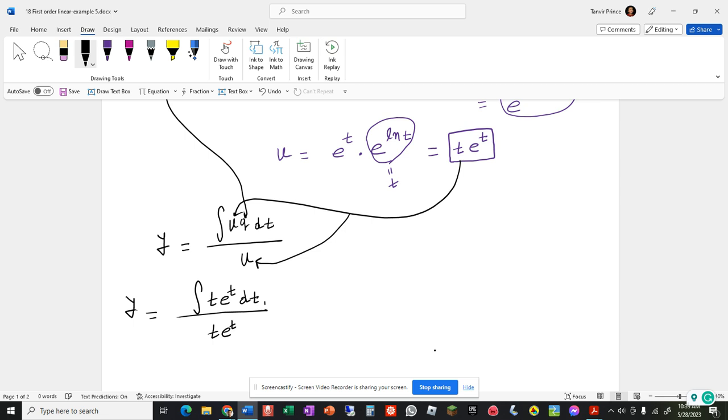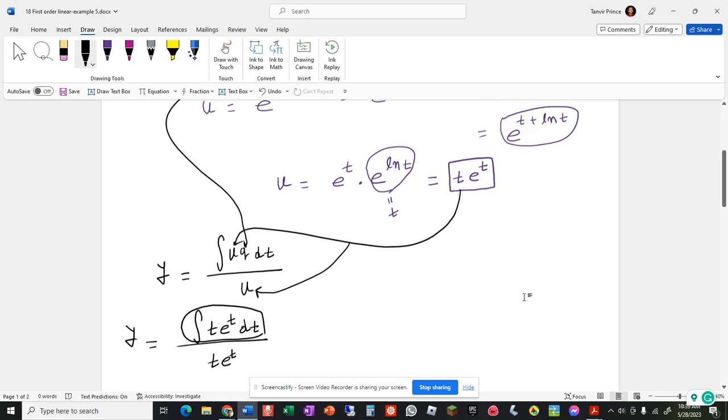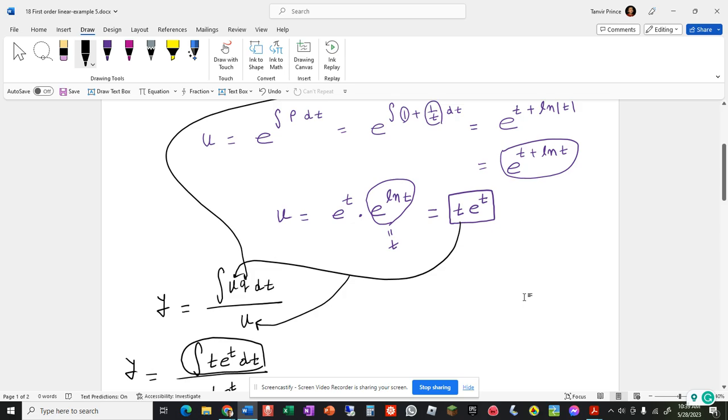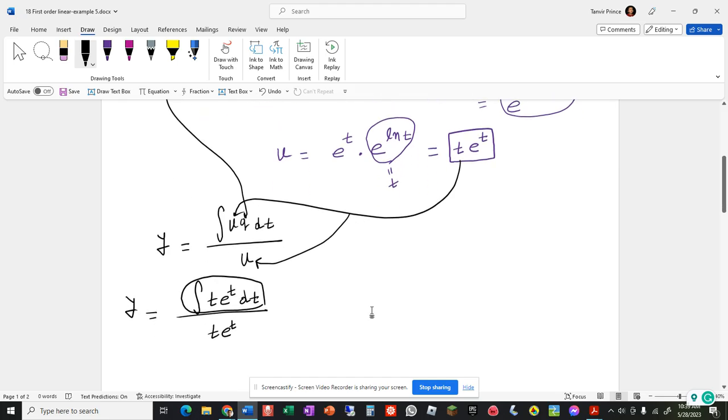So we have to evaluate this integral here. Again, a quick reminder, when you do the integral for the integrating factor, you do not add any c, you take c to be 0. But when you evaluate your y, you have to add c there, right?